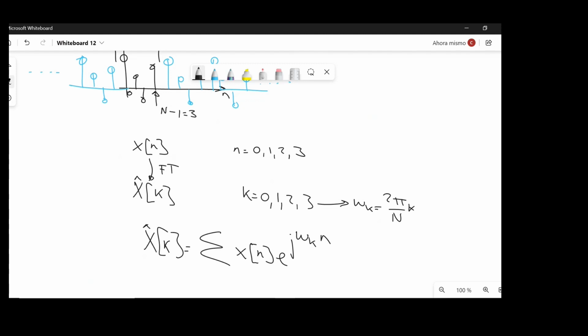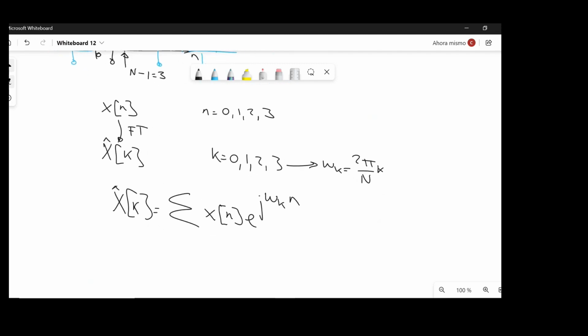And then I have to add over what? What is this index that I have to sum over? There are only 2 possibilities, time or frequency. I have to sum over time, or I have to sum over frequency.